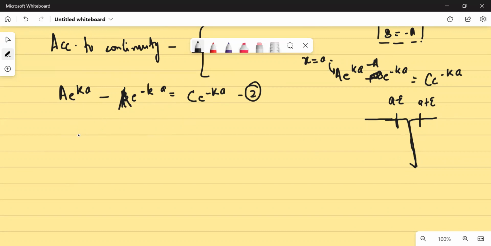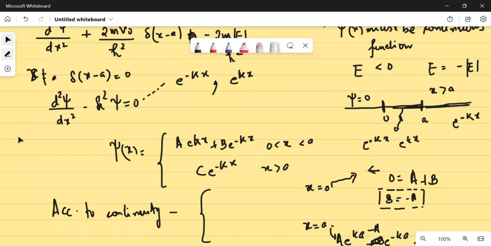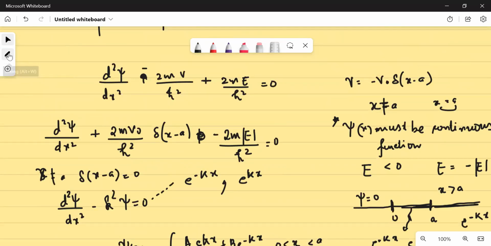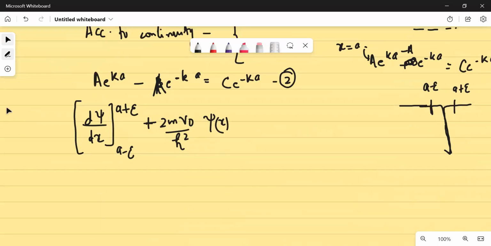Now we are integrating from a minus epsilon to a plus epsilon. We'll get d psi upon dx from a minus epsilon to a plus epsilon, plus 2m V naught upon h bar squared times psi of x, and please do write a psi here, my mistake, and then you have a Dirac delta function here.